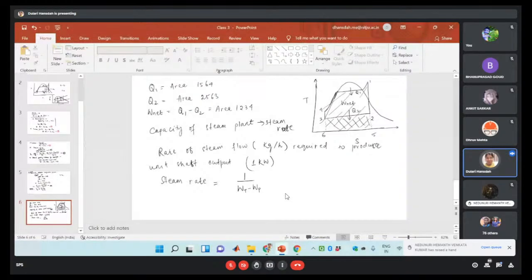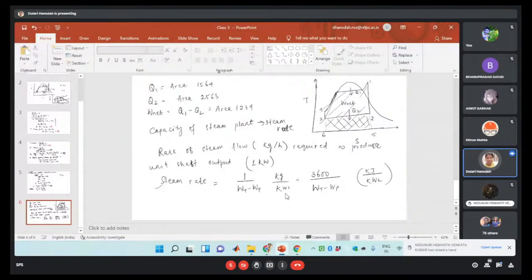The unit of Wt and Wp with 1 kg per hour can sometimes be represented as kg per kilowatt second. If it is represented in kilojoule per hour, it can be written as 3600 upon Wt minus Wp. The unit will then be kilojoule per kilowatt hour. So this is your steam rate.